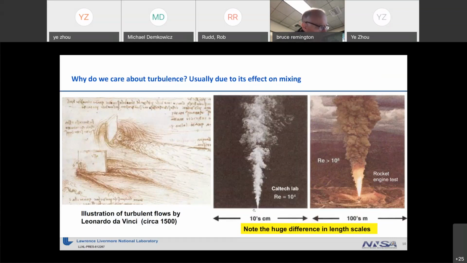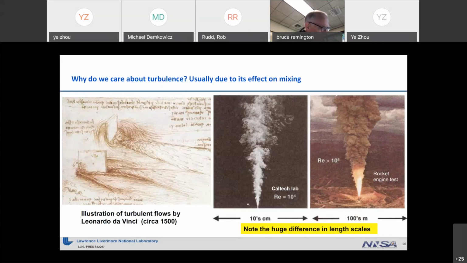Now when we have to deal with turbulent flows, we have different dimensions. In the middle of the view graph, you can see a turbulent jet experiment carried out in a laboratory. And here is a rocket engine test outside of Los Angeles. You can see there's a big difference in the spatial dimensions.